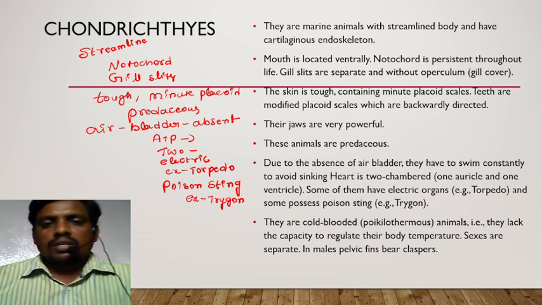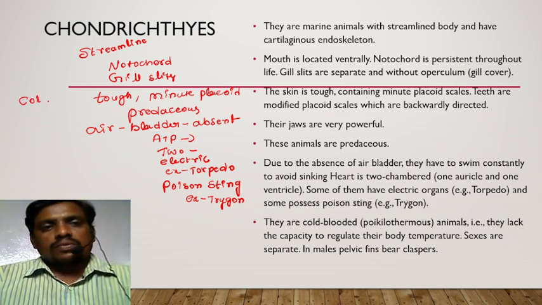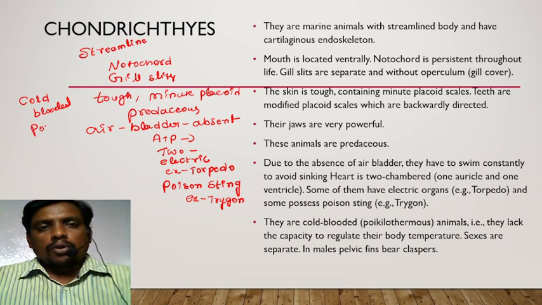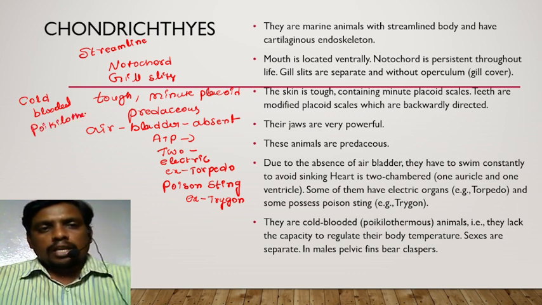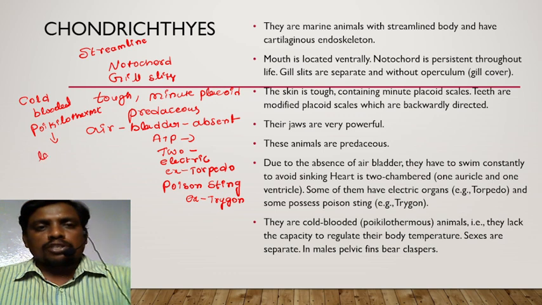Chondrichthyes fishes are cold-blooded animals, that is, poikilothermic animals, which means they lack the capacity to regulate their body temperature.